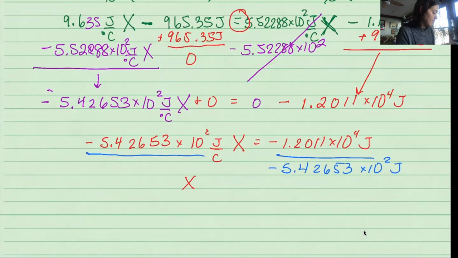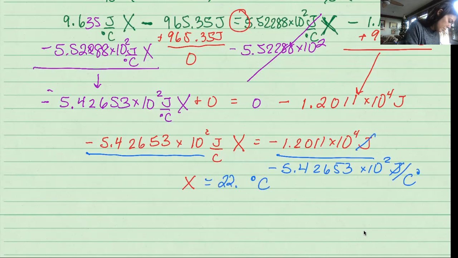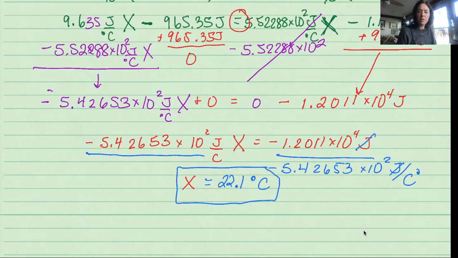And what I get is X, the joules per degree Celsius cancels. I'm left with degrees Celsius, beautiful, and I've got 22.1. So the final temperature here is 22.1 degrees Celsius.